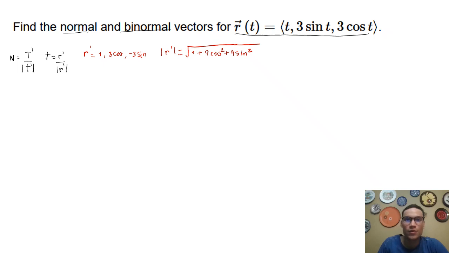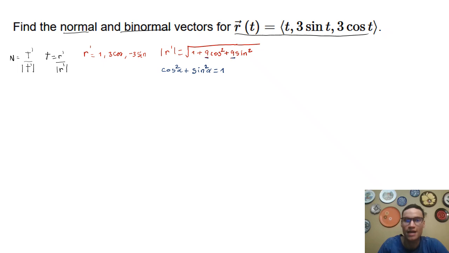Okay, here we can extract a common factor of 9 and we can use the fundamental identity of trigonometry. We know that cosine squared of something plus sine squared of the same thing is equal to 1. So after extracting the common factor of 9, the other side will be cosine squared plus sine squared, which is 1.